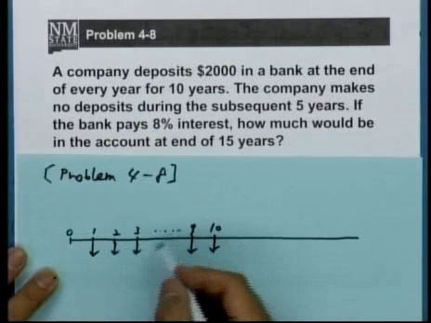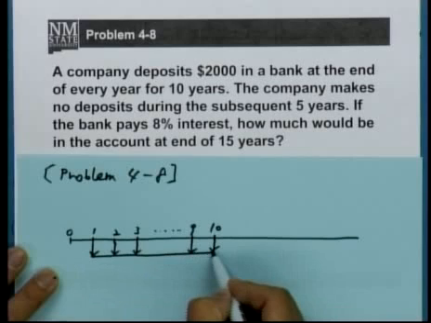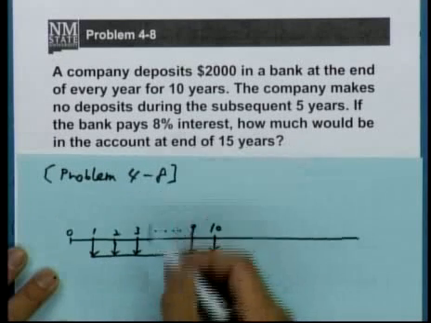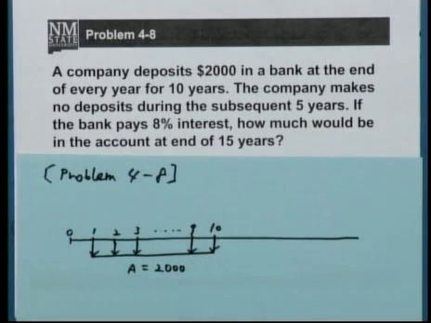So the company deposits $2,000 at the end of every year for the next 10 years, right? So A is going to be 2,000 in this case.